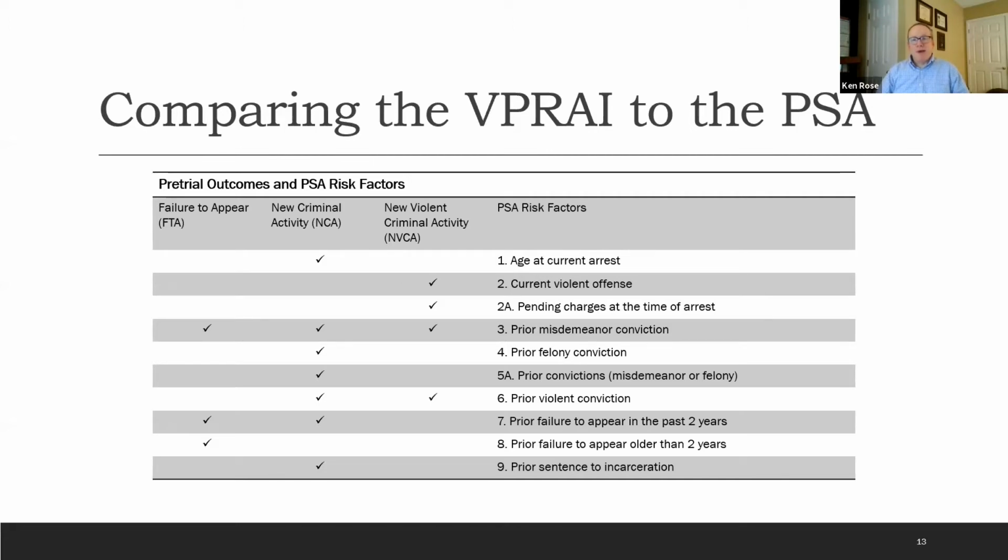And it sounds like the process they went through produced factors that are hopefully not arguable once implemented. Comparing that to the VPRAI, it does include some dynamic factors, and there are challenges in training. I know you are one of the VPRAI trainers, and you're on the training advisory committee also. What are some of the challenges we have with the VPRAI regarding that?